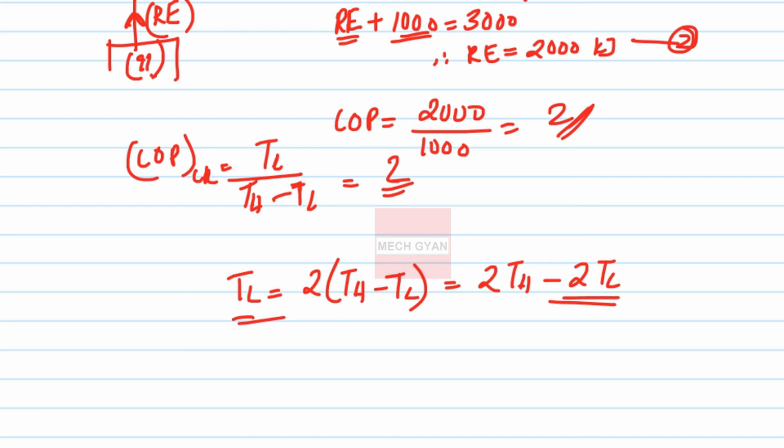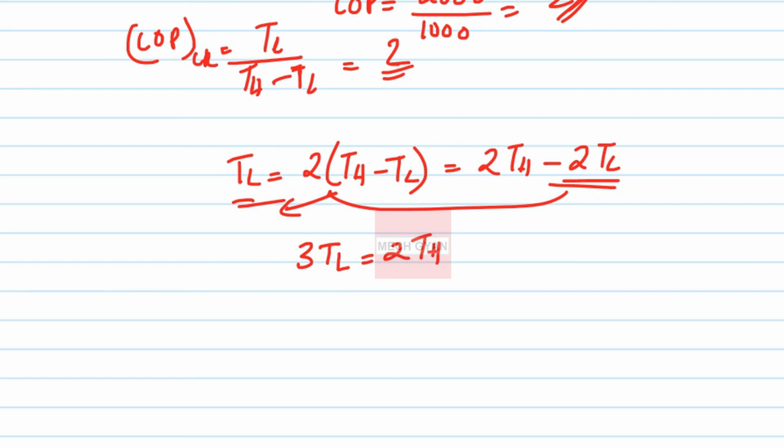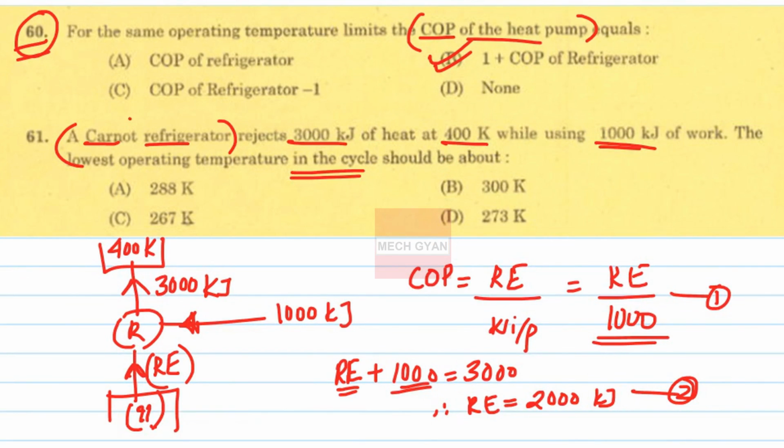Taking this to this side, we have 3TL equal to 2TH. Here TH is 400 Kelvin, therefore TL equals 2 times 400 by 3, so 800 by 3, that is equal to 267 Kelvin. Let's see the answer, 267 Kelvin. Yes, option C is the right answer.